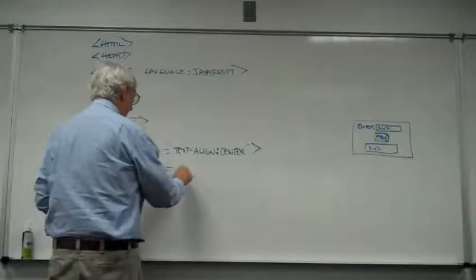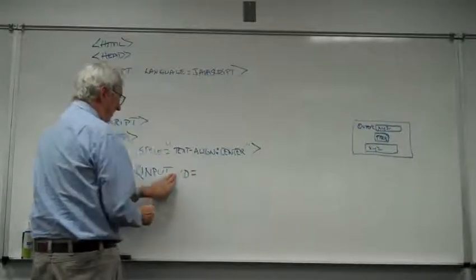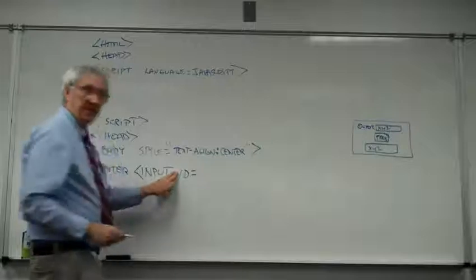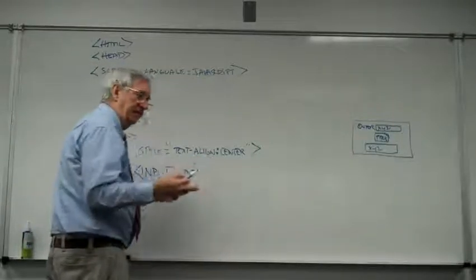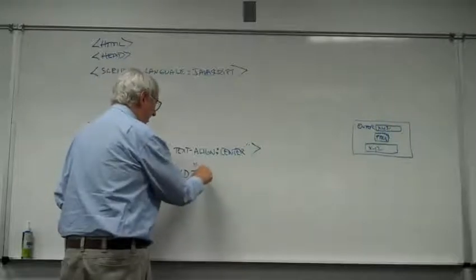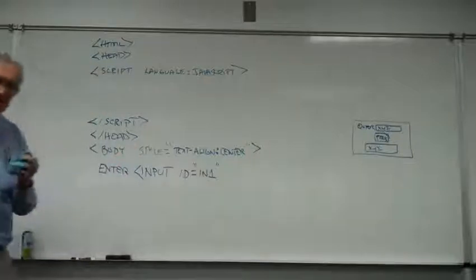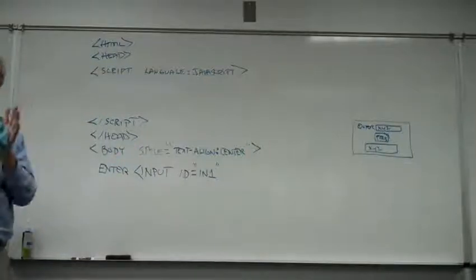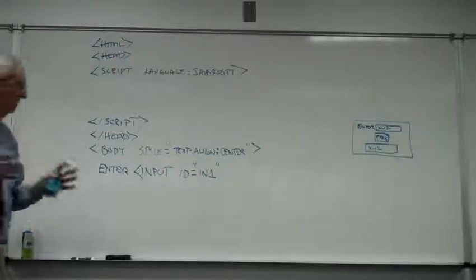Okay, I'm going to say ID equals, there's a space right here, ID equals, and I put a quote mark, and I'm going to give it a name of some kind. I'm going to call it in1, just to have a name on it, unquote. In other words, I'm creating something. When you create something, you put quotes around it, because it's not one of the magic words that HTML understands.